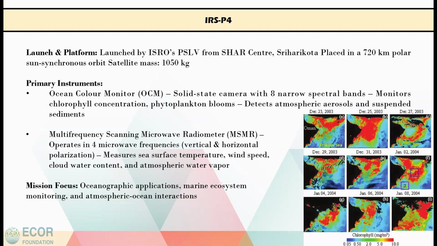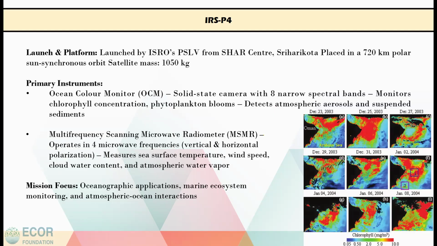Now this slide is about IRS-P4. It was launched by ISRO's PSLV from Sriharikota Center. It is a 720 kilometer polar sun synchronous orbit satellite, and the satellite mass is 1050 kilograms.